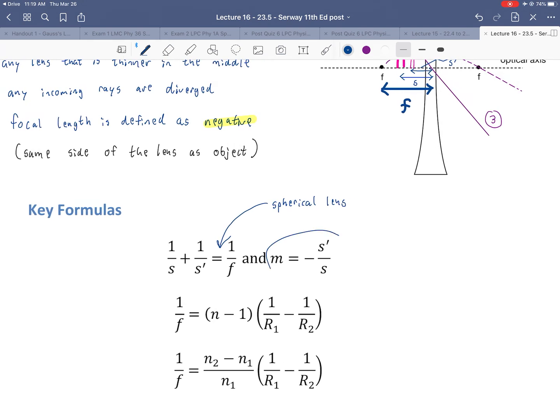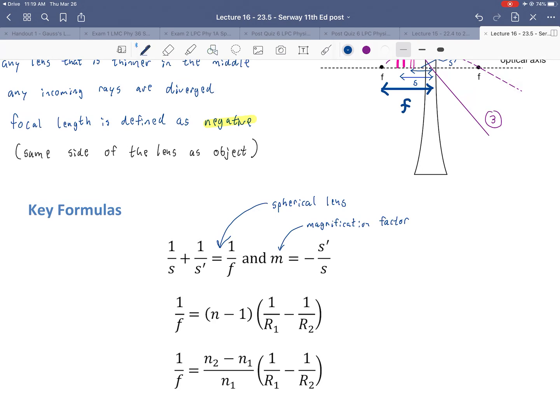Okay? And we can see then that as far as magnification, it's also the same rules. So this is the magnification factor. And by saying it's the same rules, I mean that if we have a positive magnification, then it's upright and it's going to be virtual. Okay?